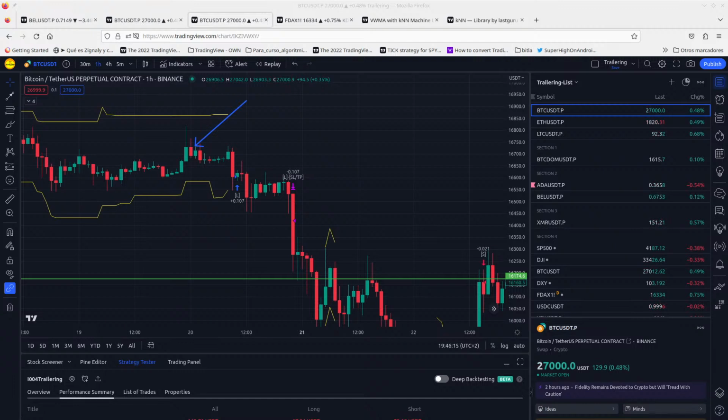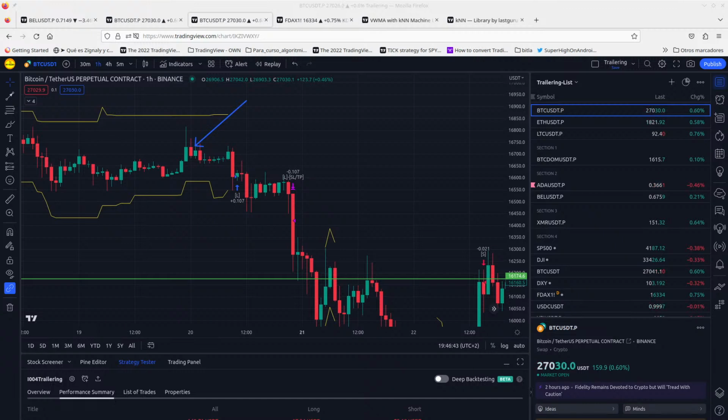So that's a trigger candle, first candle, and second candle. Then reversal, reversal, reversal. That's the stop loss, and then you go to the downside.